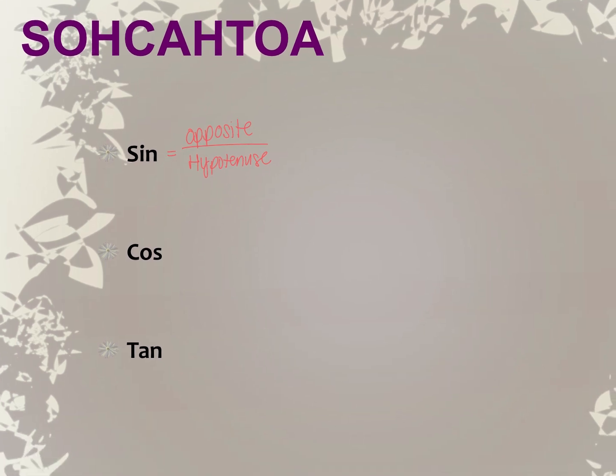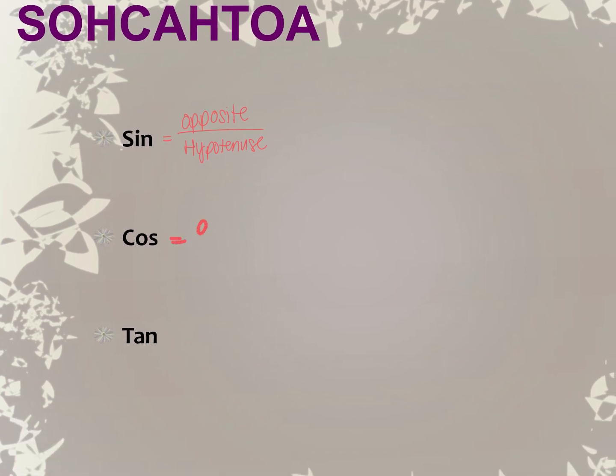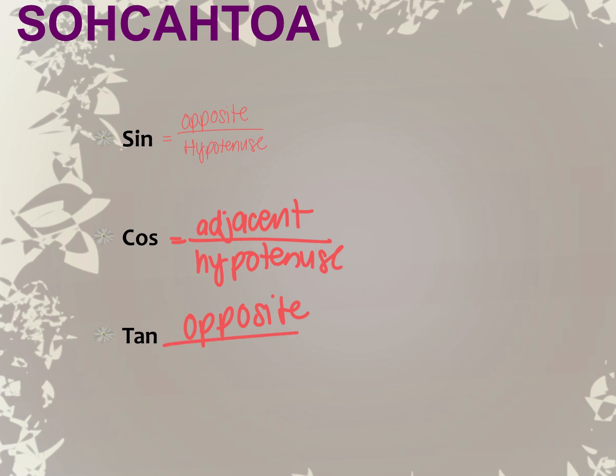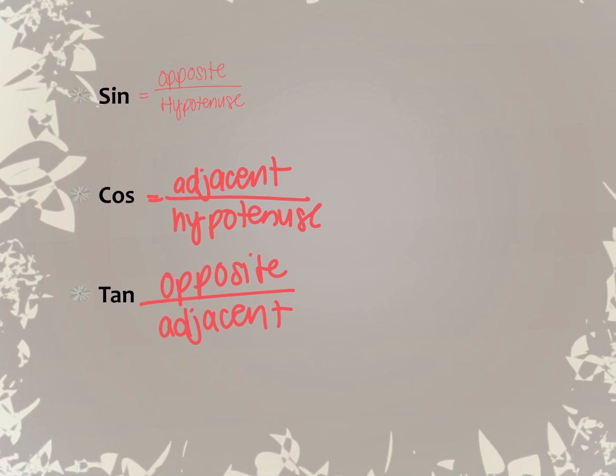All right, you should have filled in cosine equals adjacent over hypotenuse. And then tangent is opposite over adjacent. Okay, that's something that we should all memorize.